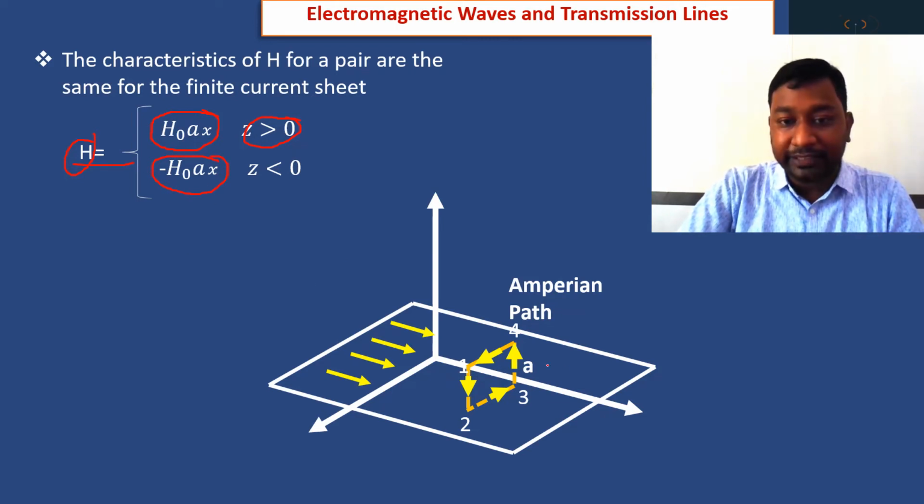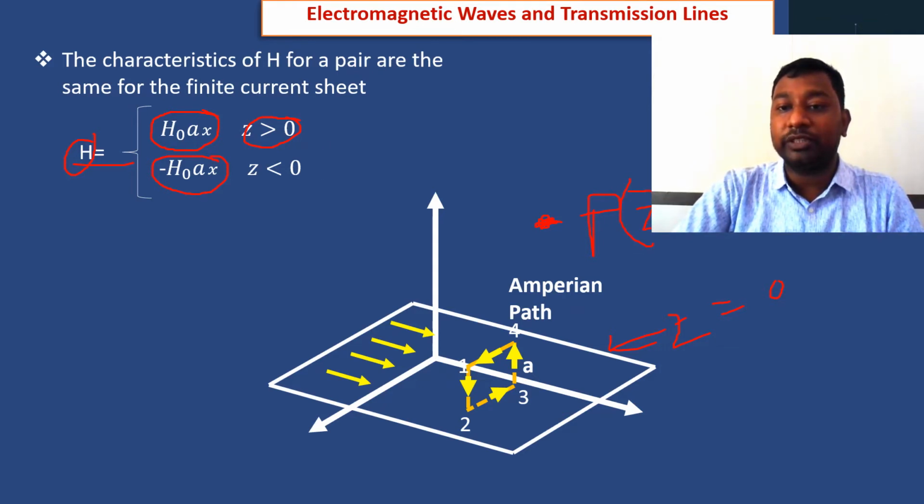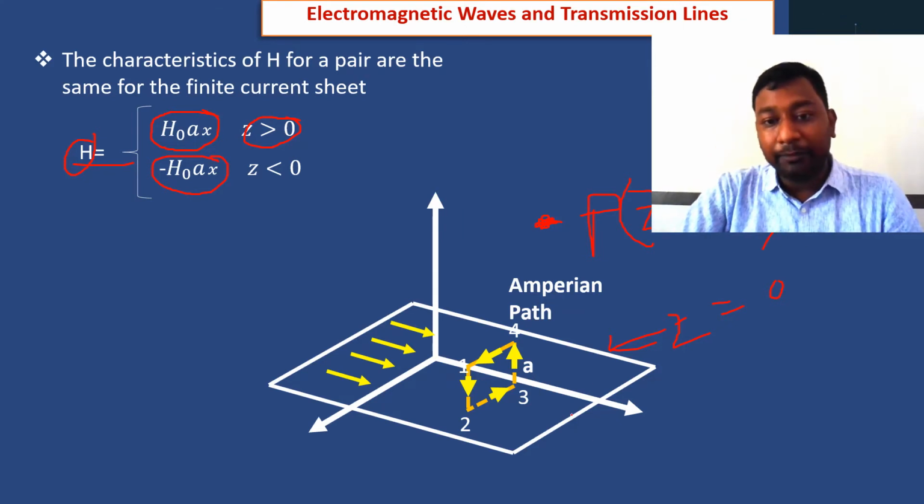For a point P above z equal to 0, that is z greater than 0, the value will be positive, and if you want to find it for any point below, that is z less than 0, it will be negative.